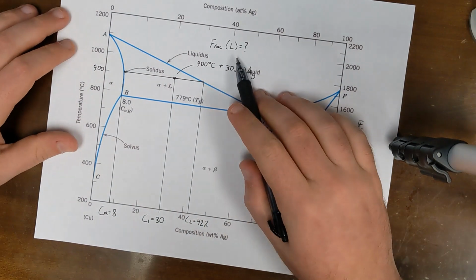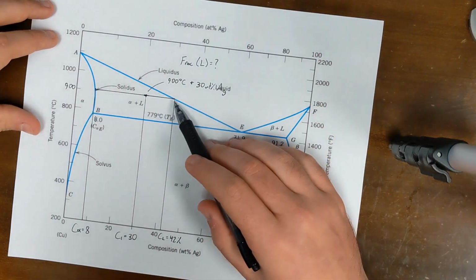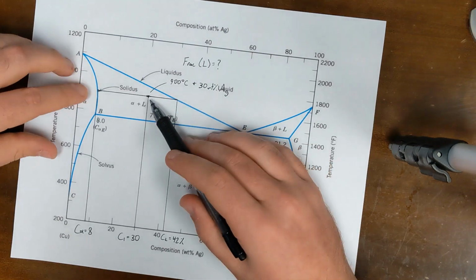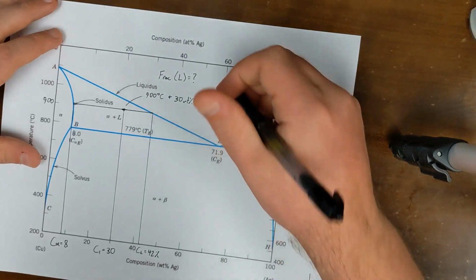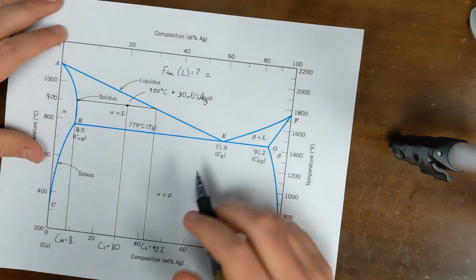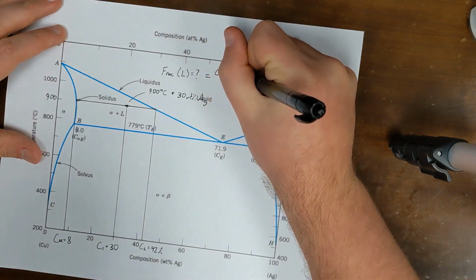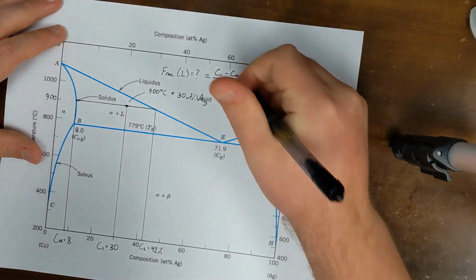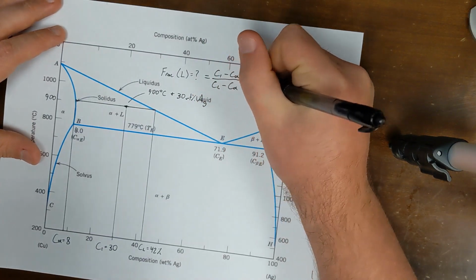Okay, so we want our fraction of our liquid phase. The fraction of the liquid phase is going to be the length of the opposite side from liquid divided by the total length. So fraction of liquid is equal to the opposite side, C1 minus C alpha, divided by the total length, C liquid minus C alpha.